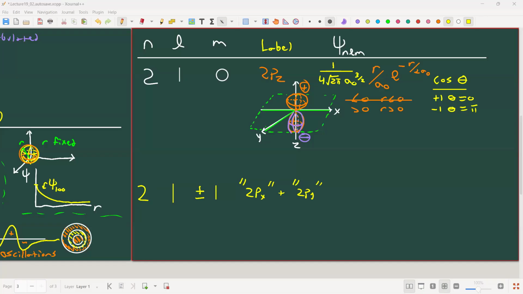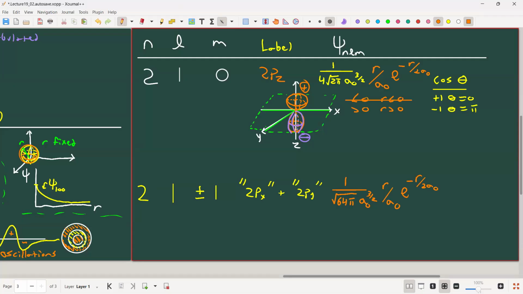Okay, sorry about that. So we get 1 over square root of 64 pi, a0 to the 3/2, r over a0, e to the minus r over 2 a0.